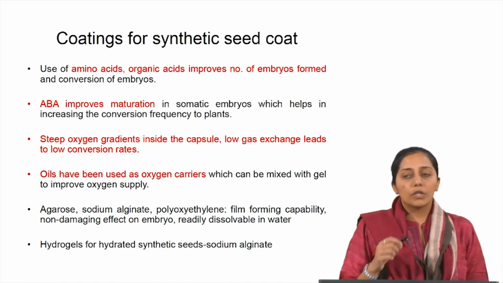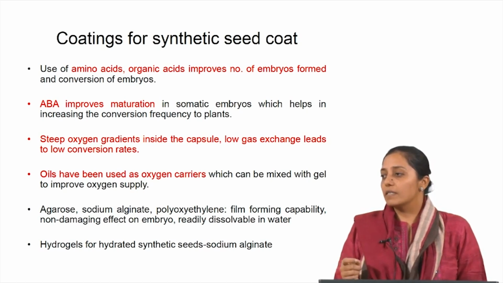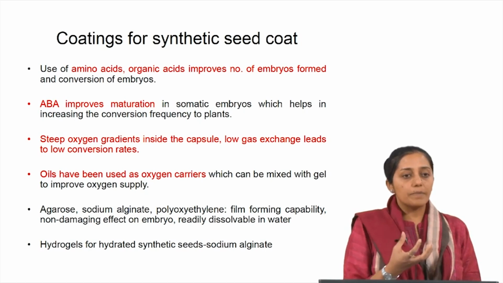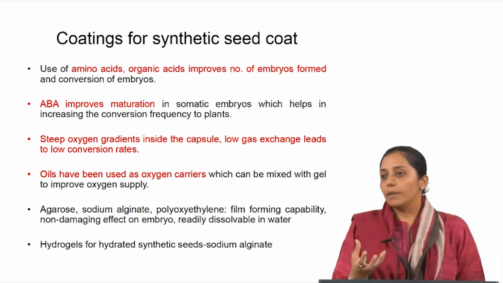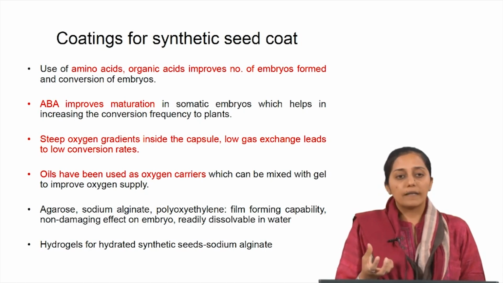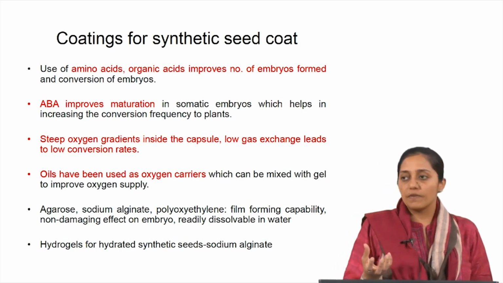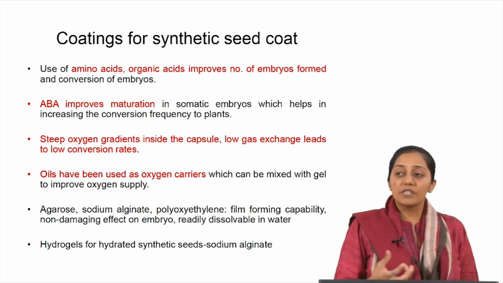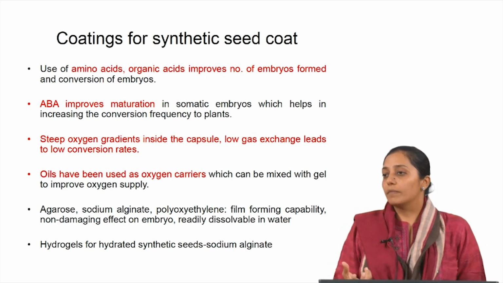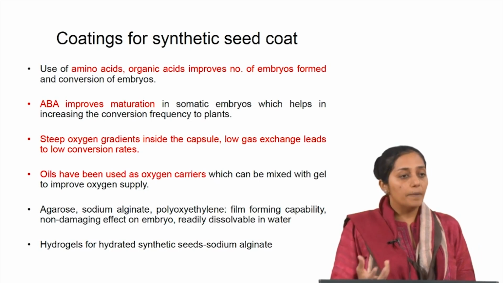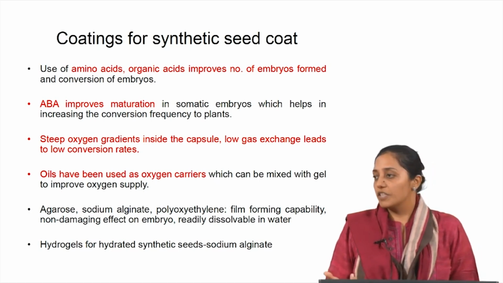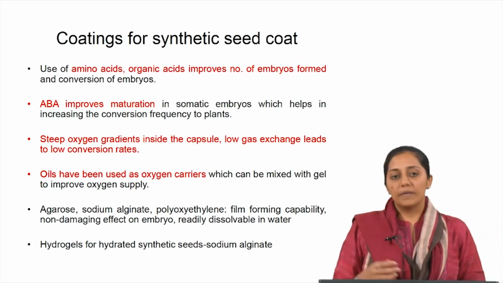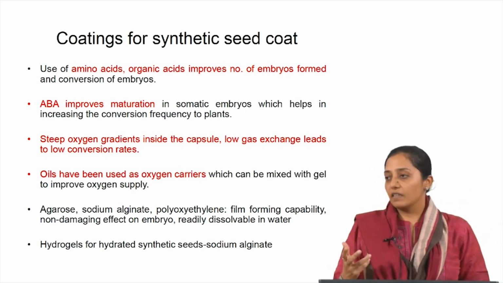Another factor which can affect this is oxygen concentration. If the seed becomes encapsulated, there is a high chance of mass transfer limitations, and the factor that becomes most mass transfer limited is oxygen, because oxygen is sparingly soluble. Steep oxygen gradients have been found to limit somatic embryo regeneration. So, as in fermentation technology, oxygen vectors are used.